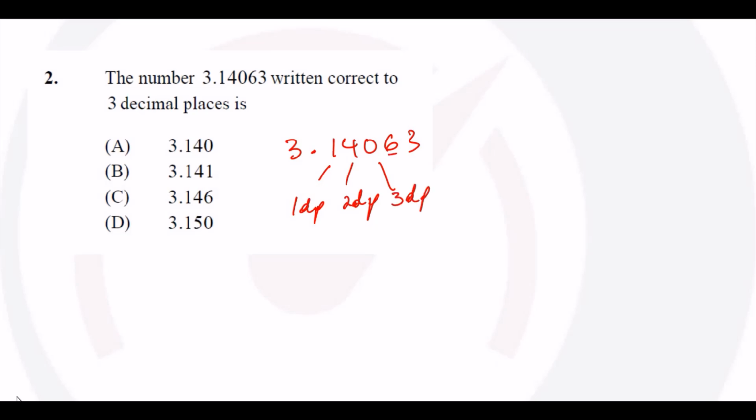Now we look to the right of the number. If the digit is 5 or greater, then we add 1. If it is less than 5, then it would remain the same. So now we'd have 3.141. So our answer is B.